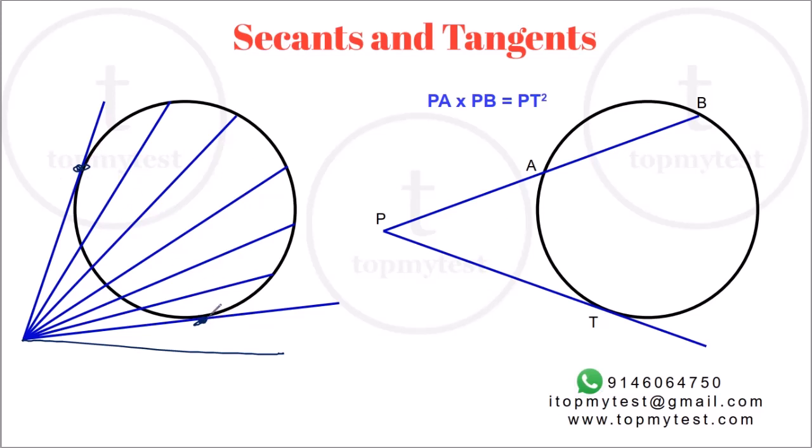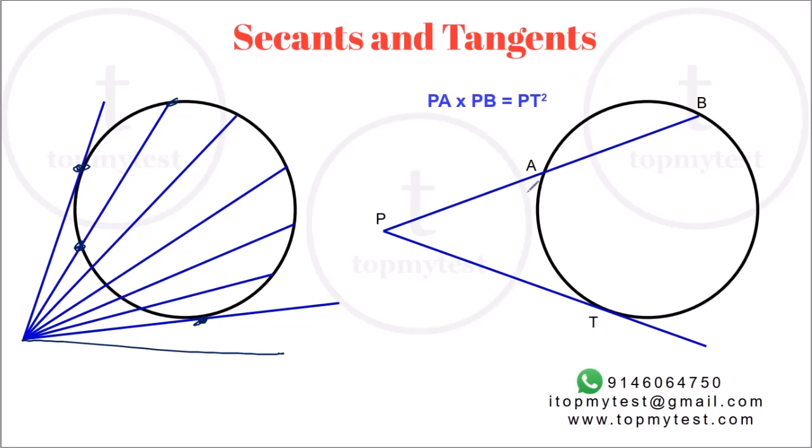These 2 lines are called tangents. The other lines will intersect the circle in 2 points. These lines are called the secants to a circle. So a chord is the portion of the secant which is inside the circle. It's a line segment, whereas a secant is an entire line.